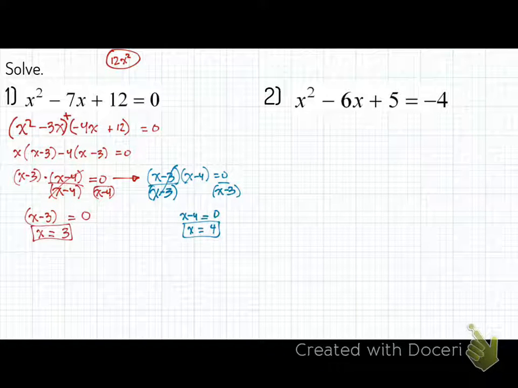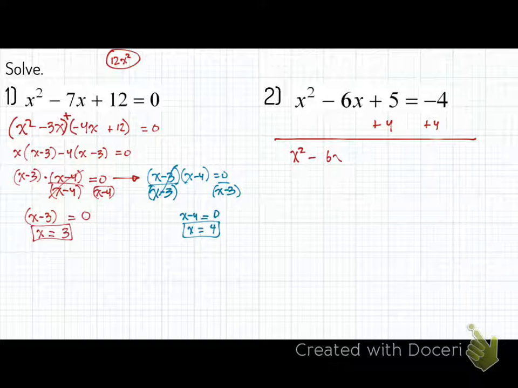So I want to isolate the x squared term, so we've got to add 4 to both sides first. So we got x squared minus 6x plus 9 is equal to 0.